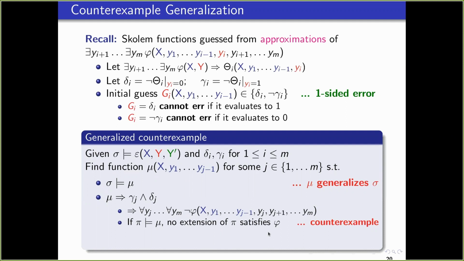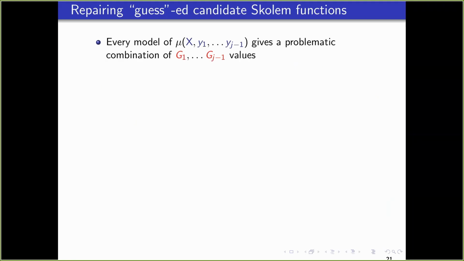So this becomes a generalized counterexample. We could work with individual counterexamples, it's just that the number of repair iterations would become many more. If we work with generalized counterexamples, we are potentially catching more counterexamples together, and so we can iterate fewer times.